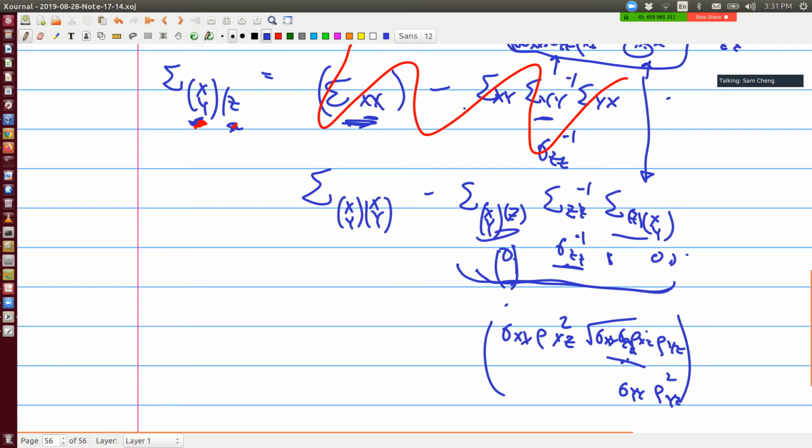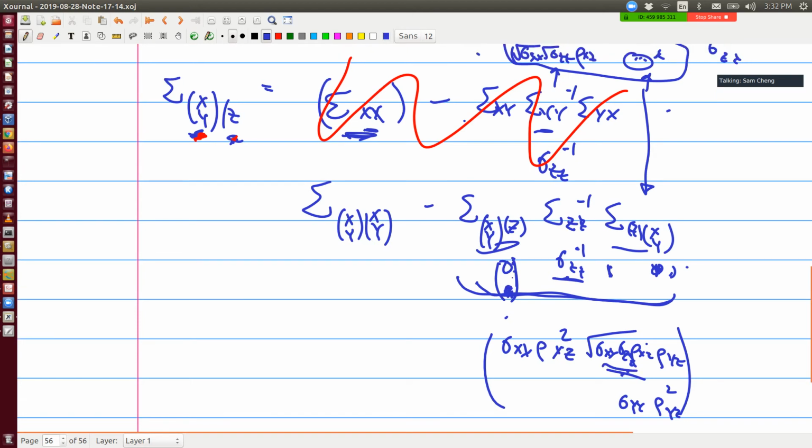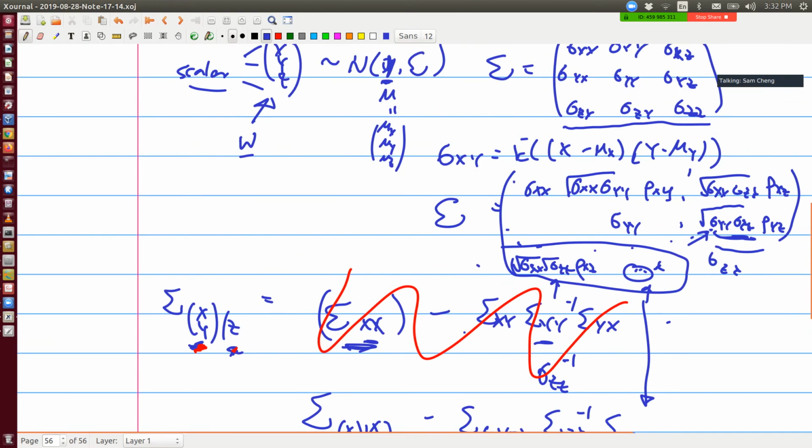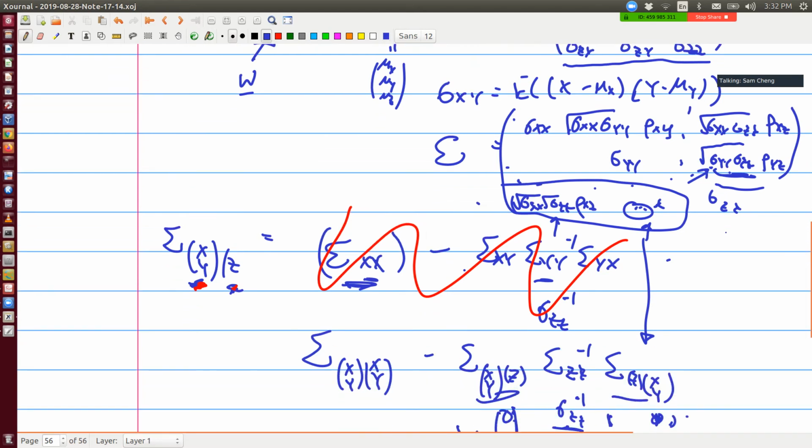Note that these two are actually transposes of each other, so this one is the same as this one here. Therefore this term is equal to this multiplied by this, which equals sigma xx, sigma yy, sigma xz. But sigma xz will cancel away because we have this term here.